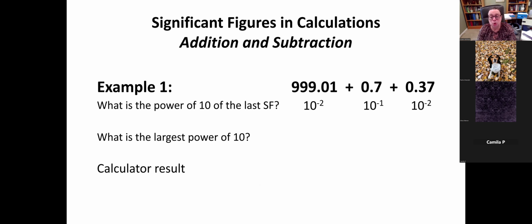Okay. So again, we're going to be limited by the measurement that was made least well, so the one with the biggest power of 10. We need to look at those powers of 10 and recognize which of those is bigger, 10 to the minus 2 or 10 to the minus 1? So which is bigger?